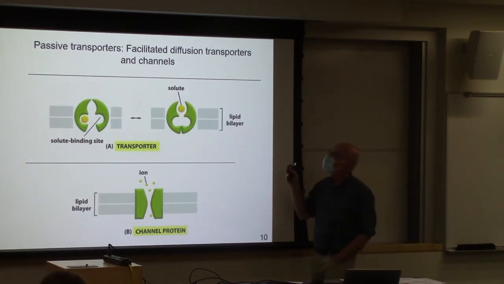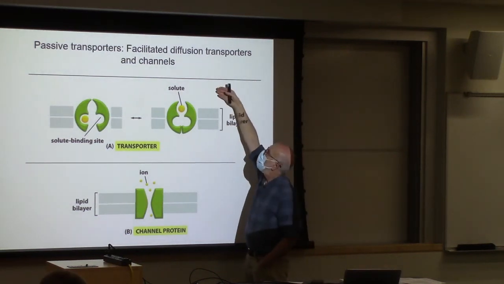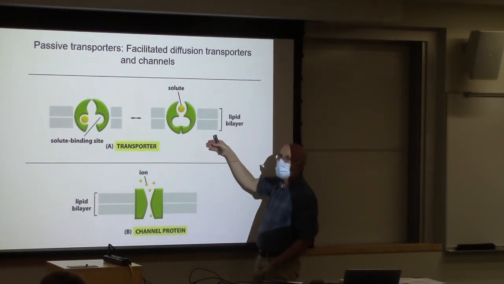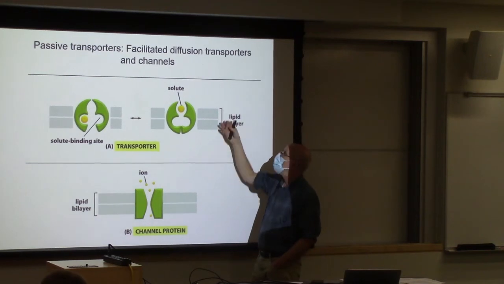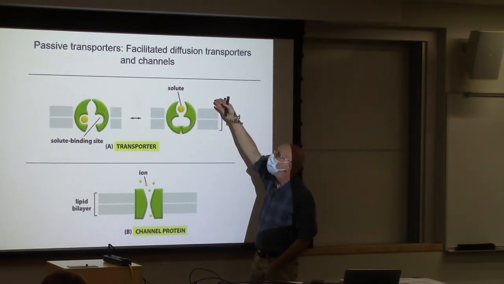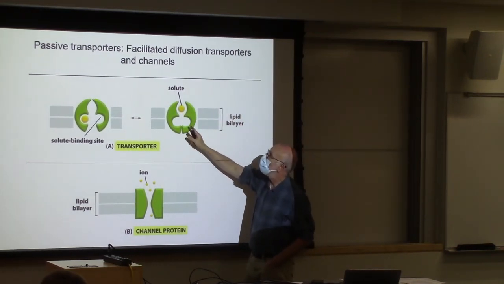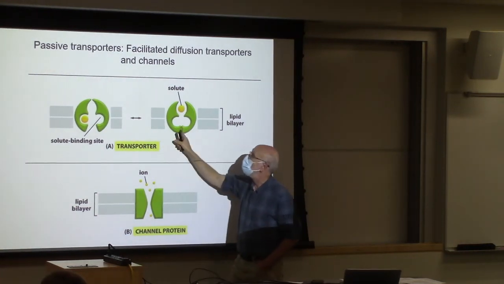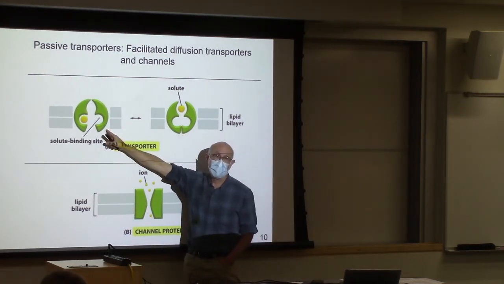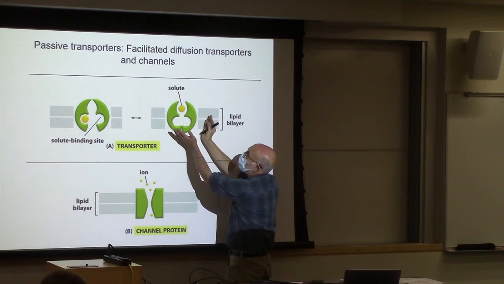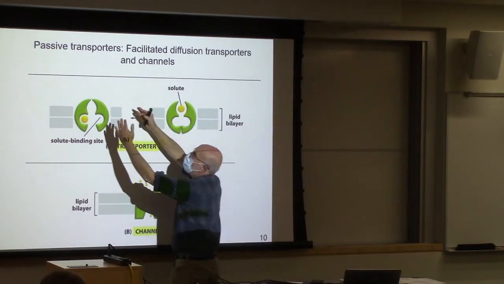So let's see, what happens here? High concentration, low concentration. It doesn't say it, but let's just set it up. The transporter, you may notice, has a conformational change from outward facing to inward facing.